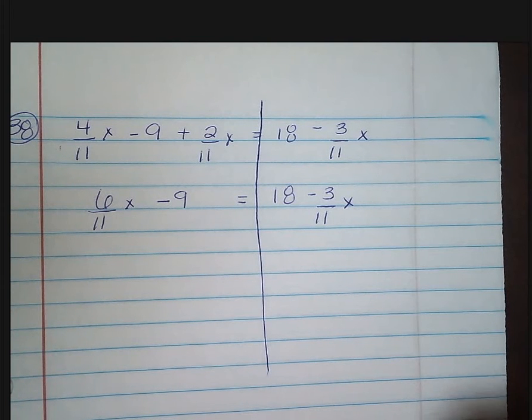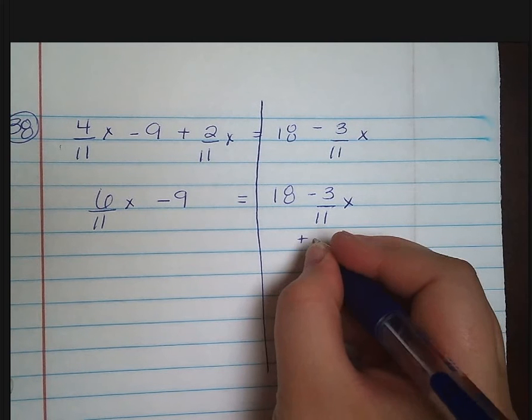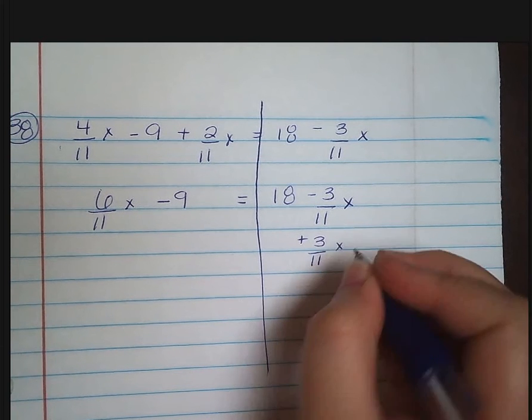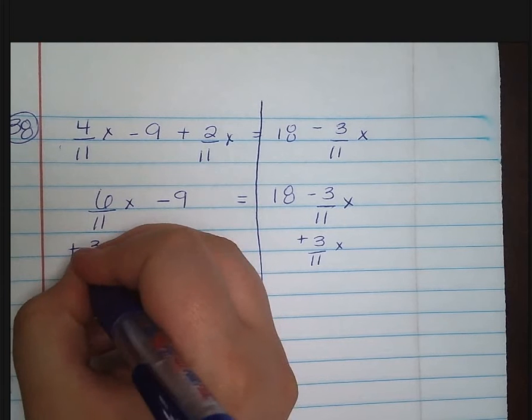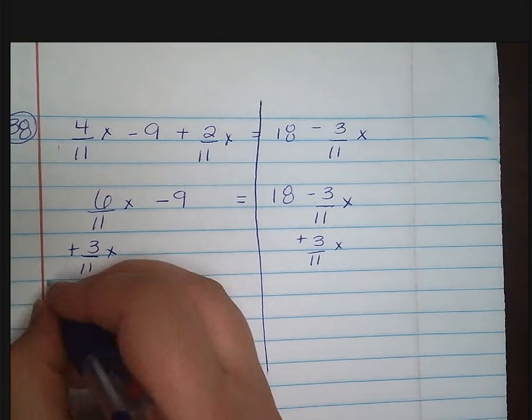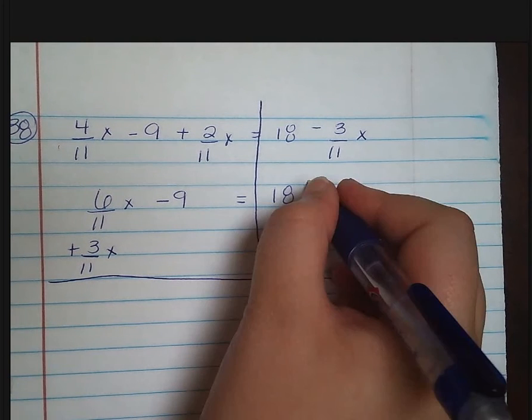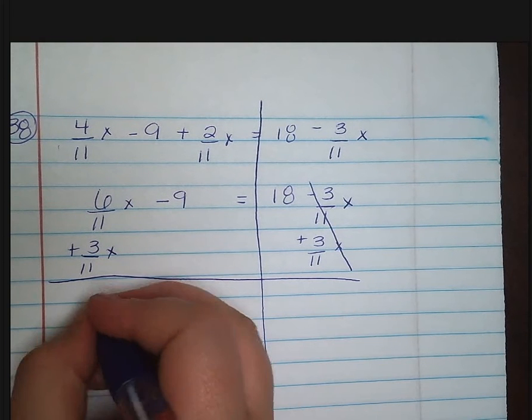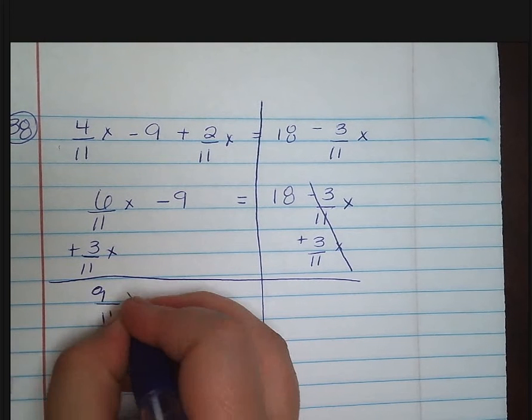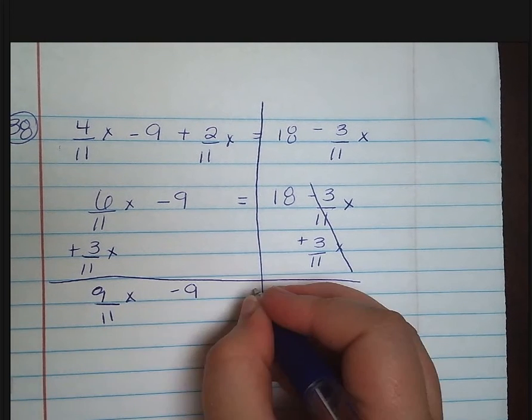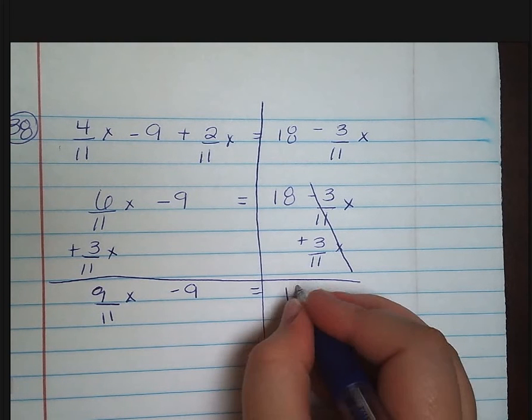Now step 3 tells us to get all of our x's on one side, so we're going to add 3 over 11x to both sides, leaving us with a 9 over 11x minus 9 equals 18.